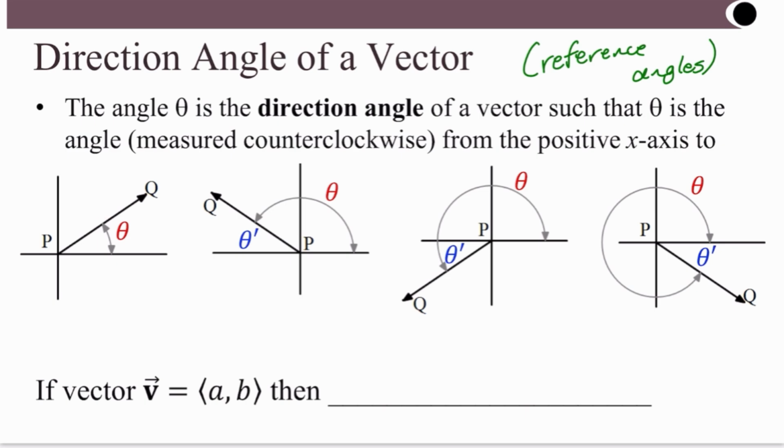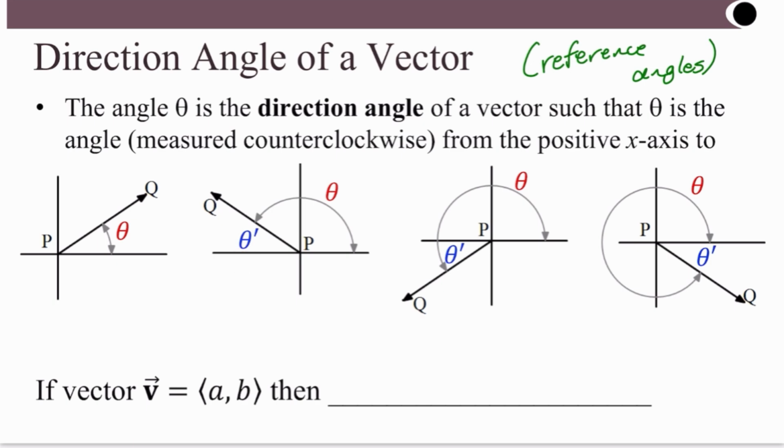In quadrant 1, your direction angle is simply whatever angle the vector makes with the x-axis. If your vector is in standard position and it's in quadrant 2, then the direction angle is going to be that obtuse angle there. And then this angle right here, which I'm now calling theta prime, is basically your reference angle.